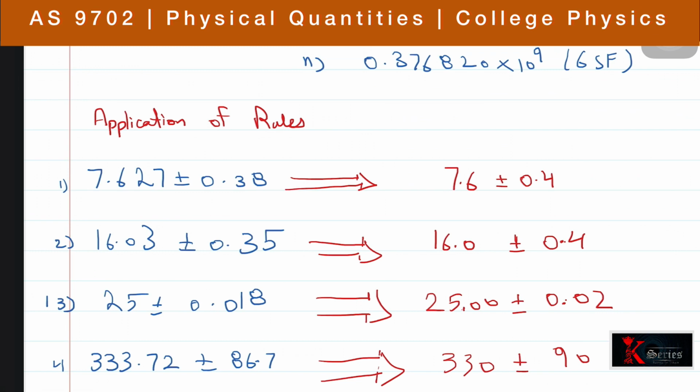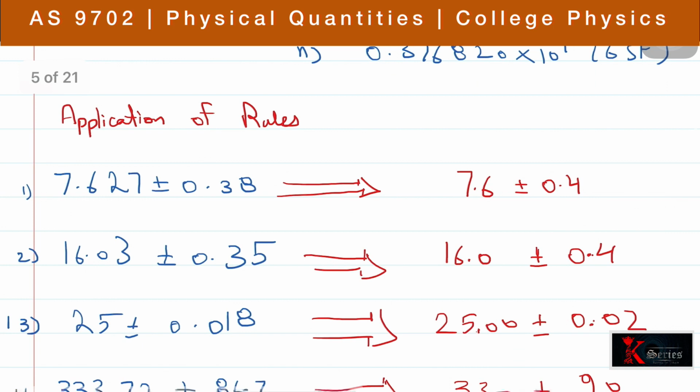And the second thing that we're going to ensure is that the 7.627 must be consistent in terms of decimal places with the 0.4. So since 0.4, the absolute error, is correct to one decimal place, we'll ensure that this true value would also be written correct to one decimal place only. So we'll write it as 7.6 instead of 7.627.